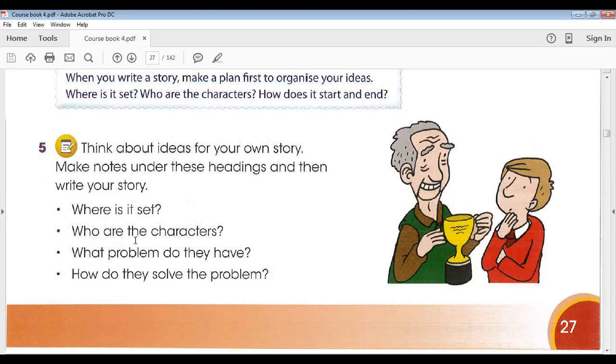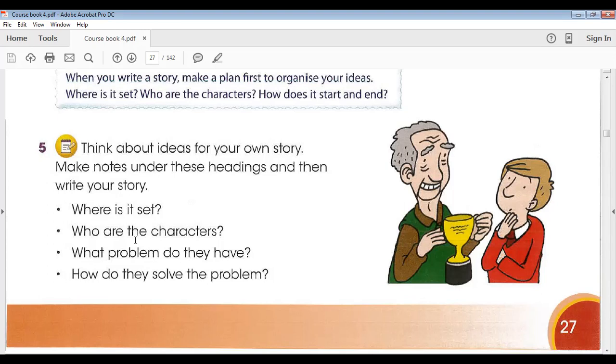Like if they are talking about a football match, they have to write where it is set, in the school or in the football ground or in the sports center.